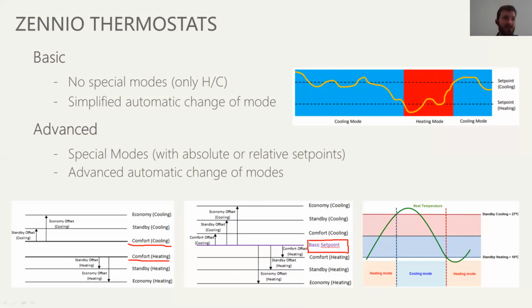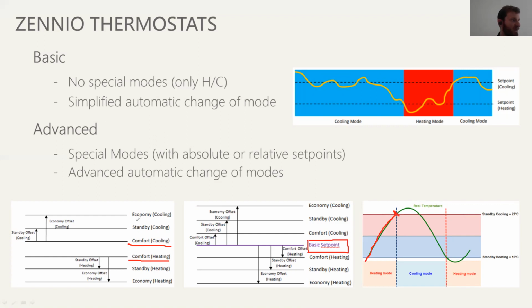So if you were in standby, then as you can see, if you were in heating mode standby, the room will be heating all the way until the standby cooling set point is reached. You can see there's an 11-degree gap here because we are in standby in this example.